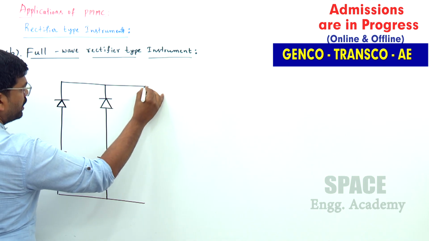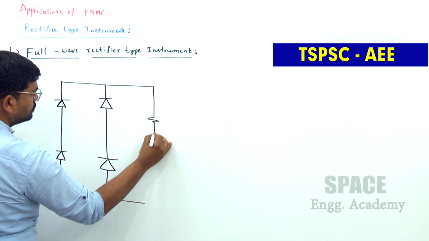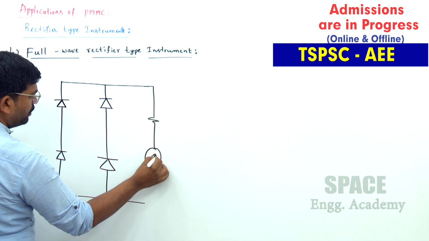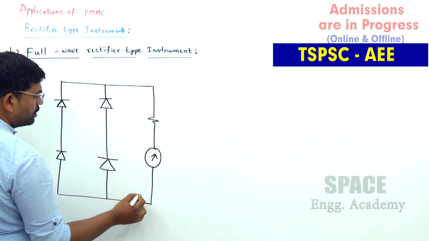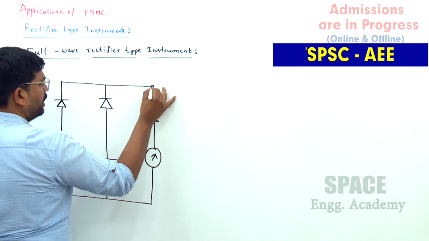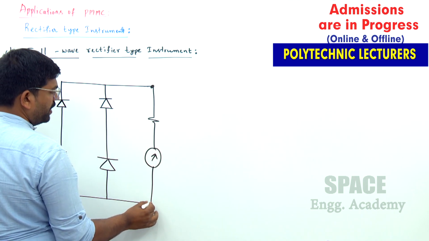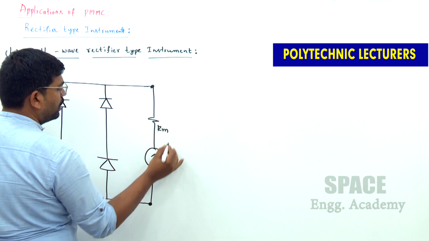The output is again DC type here. Wherever output is there, for detection purpose we have the PMMC meter model, that is Rm.